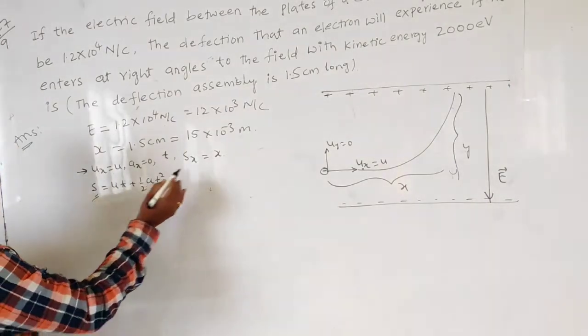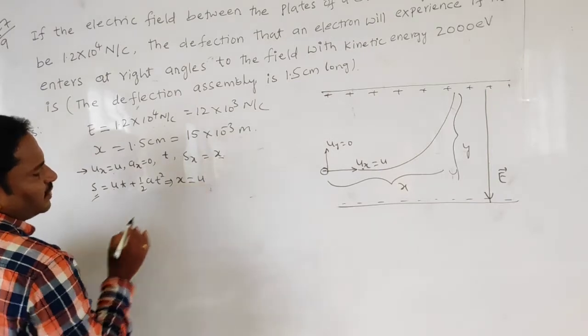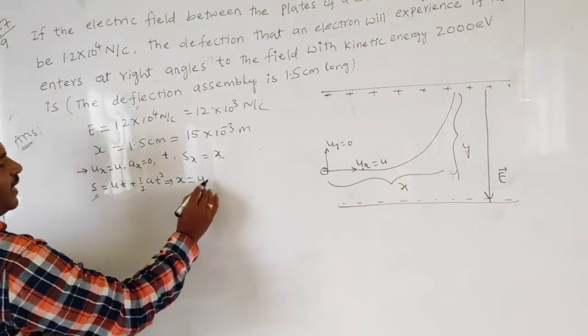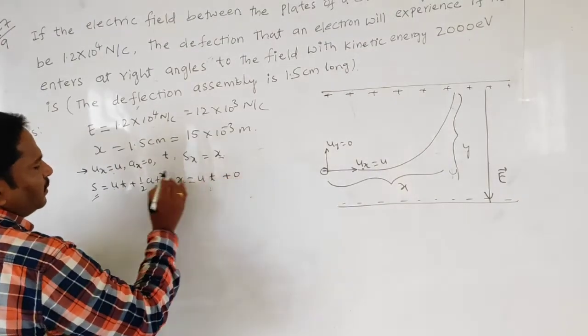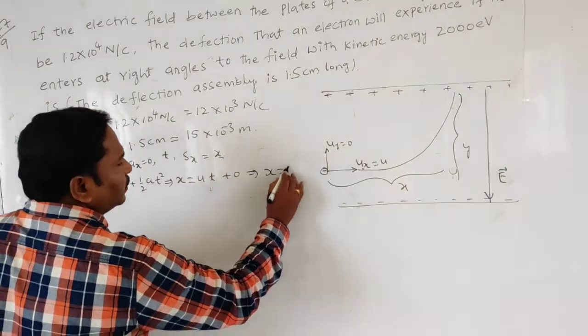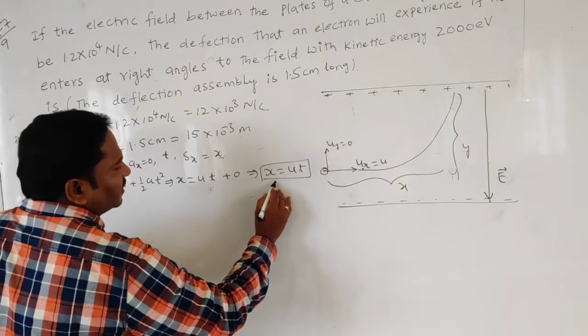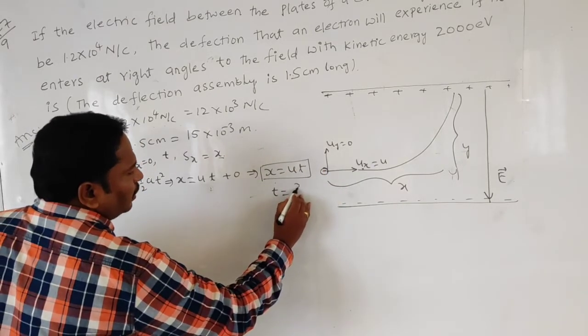So the distance traveled in the x direction is x, initial velocity u only in the x direction, time t, and zero acceleration. So we get x equal to ut, and from this t equal to x by u.